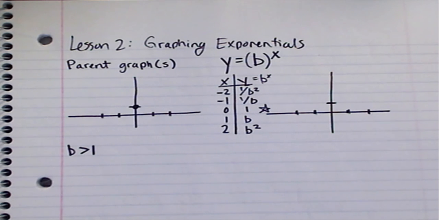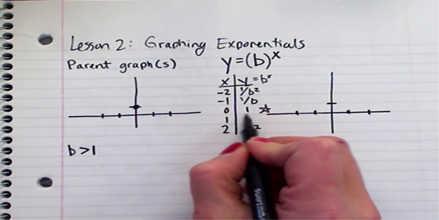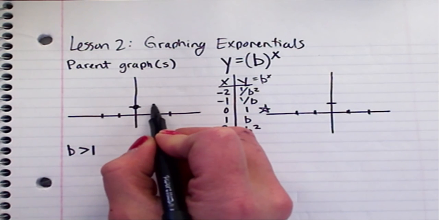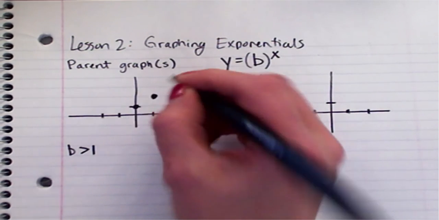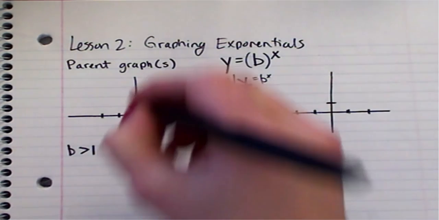Any number more than 1. Is this point right here, 1b, going to be higher than or lower than this one? Higher. Notice I didn't actually label the coordinate. I just put it higher.